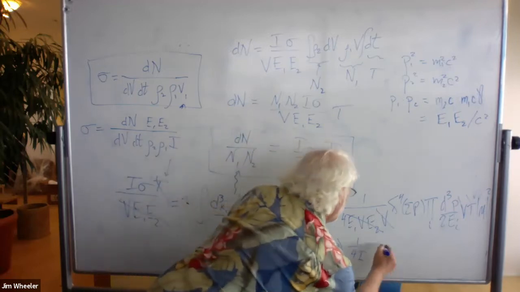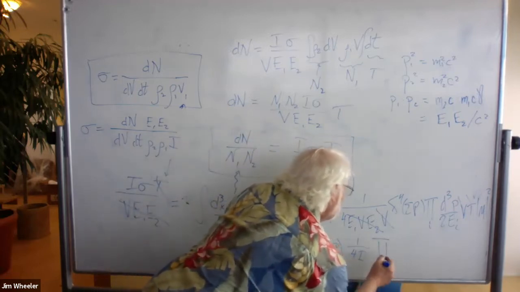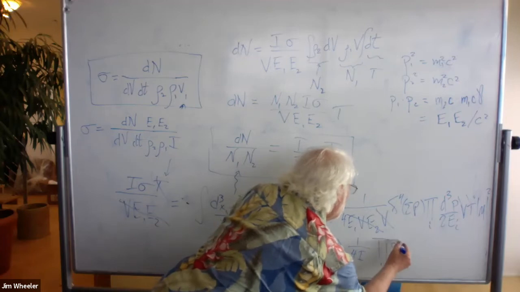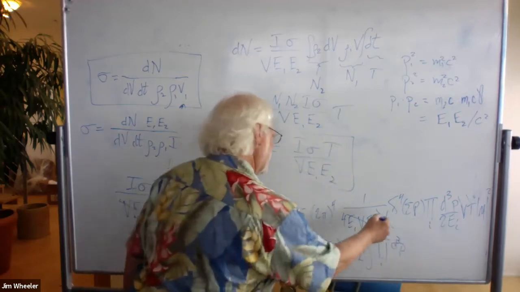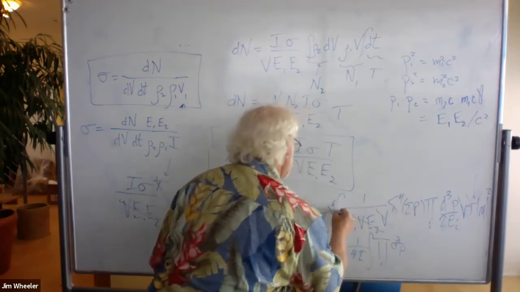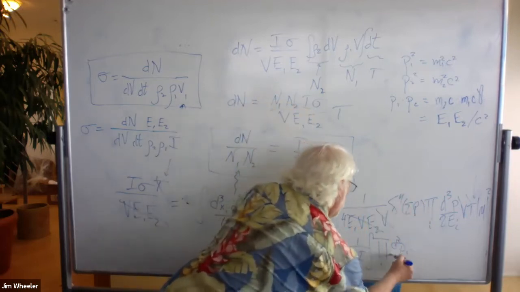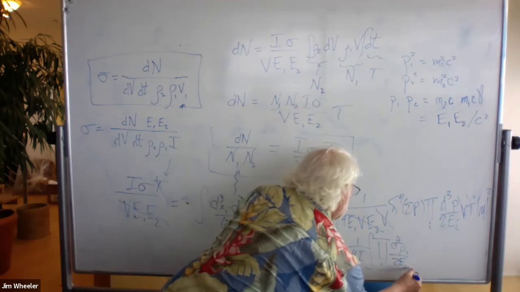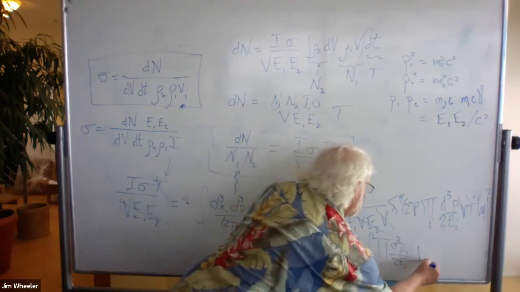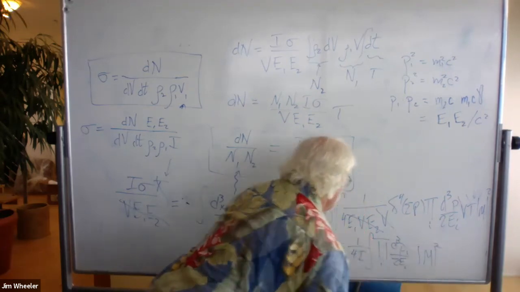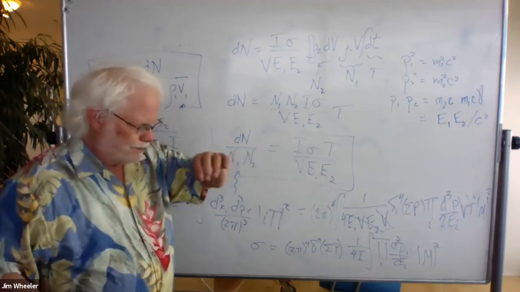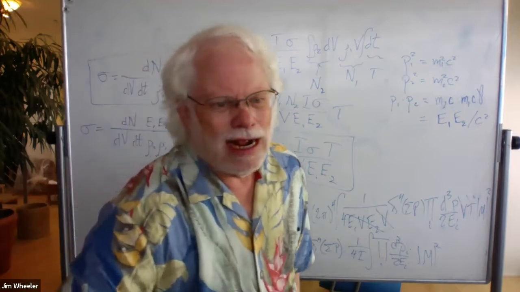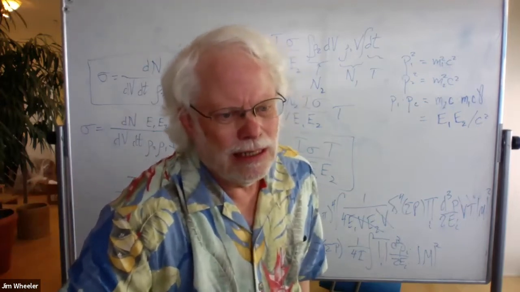And then we have the sum over all, and we're integrating these somewhere, d3p_i over 2E_i, times the matrix element squared, as the cross section.